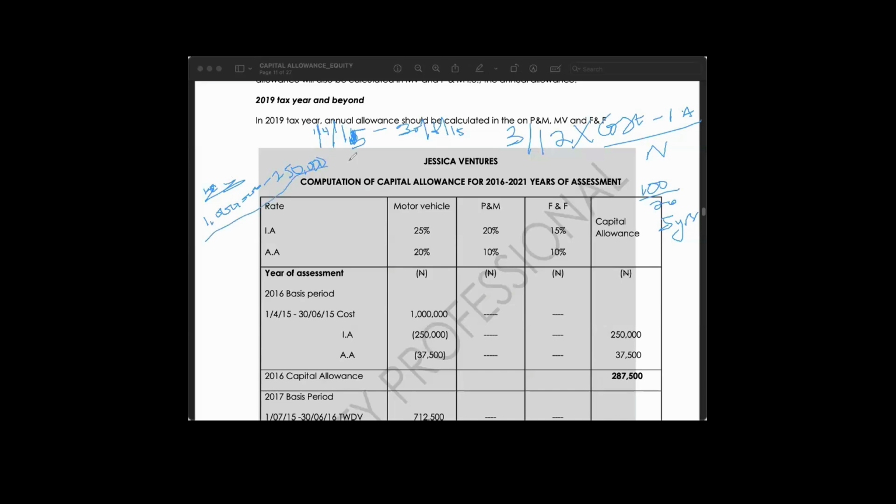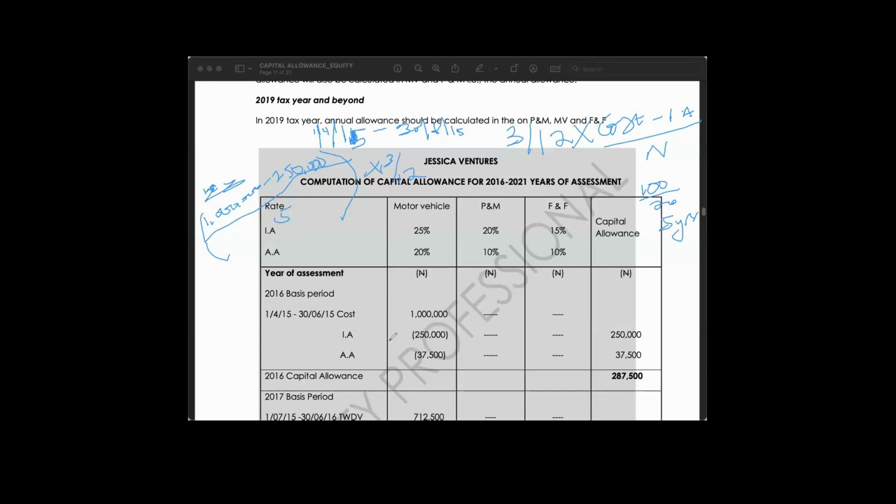The asset is supposed to use 5 years. I will multiply by 3/12. What do you have? 37,500.